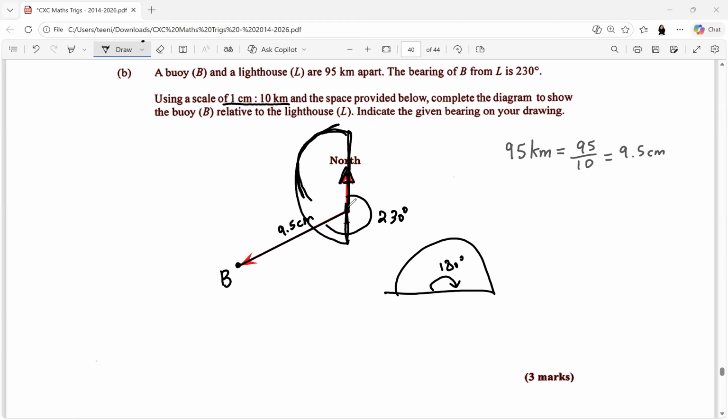This angle over here will be 360 take away 230, which is 130 degrees. So you could just line up your protractor, make sure here is your 0 mark, and then put a point where 130 degrees is, and then draw a line through that point. Make sure that line is 9.5 cm long, and at the end of that line would be your point B.